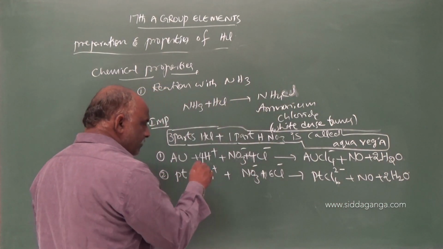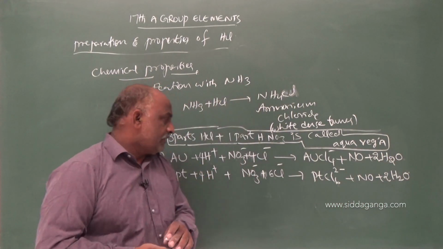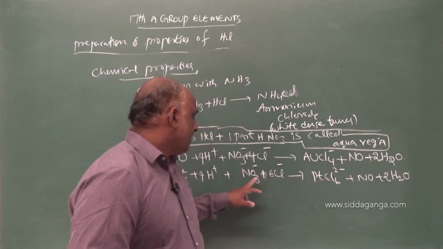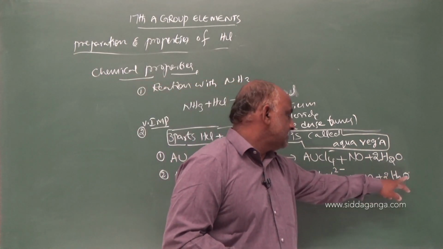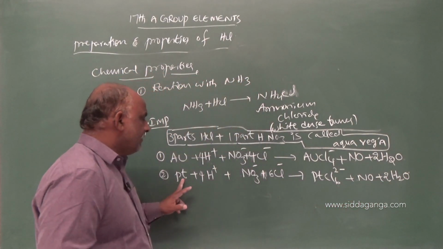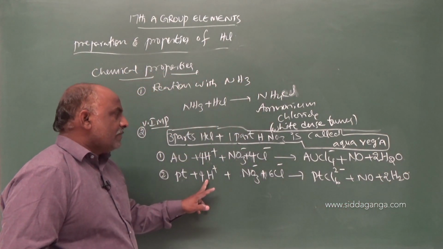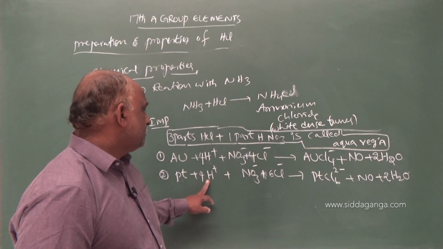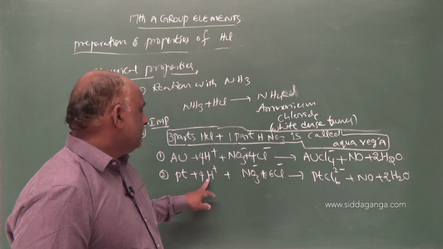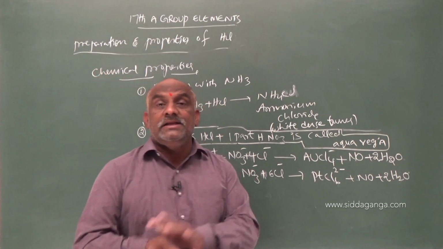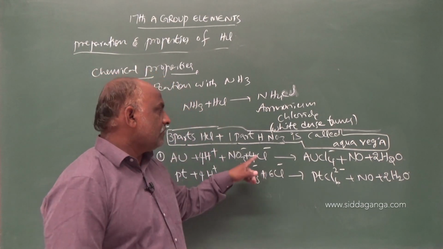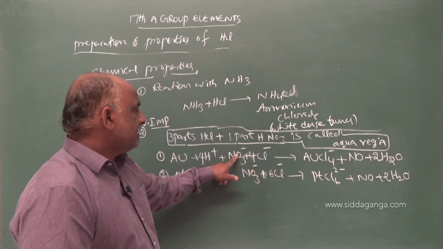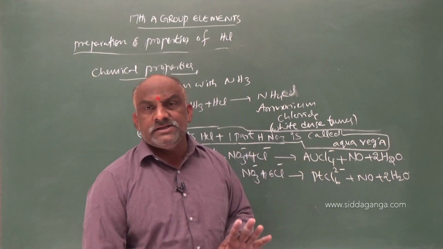Here 4 H plus, suppose you take like this, nitrogen balance, oxygens 3 balance, platinum balance, hydrogen balance. But in this case, once you observe 4 plus and 4 minus, the charges are not balanced. In case number 1, 4 plus and 4 minus get cancelled, left side minus and right side minus get cancelled.